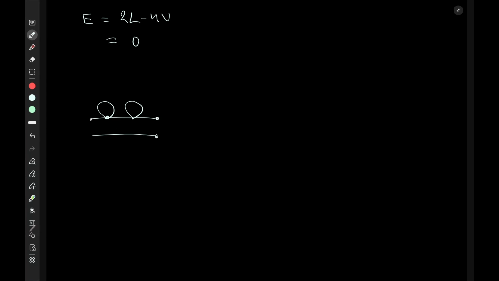Again, there are 4 sources. So E here is 4. There are 2 vertices, so V here is 2, and we can calculate L either from that formula or we can directly count it. There is 1, 2, 3, 4, 5, 6 lines.